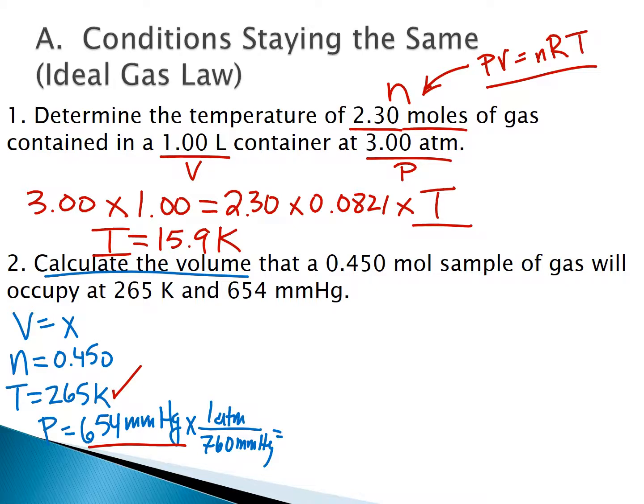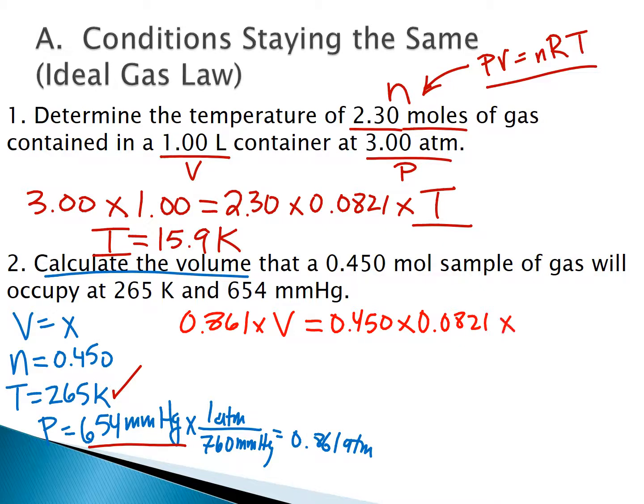And when I punch that into my calculator, I get 0.861 atmospheres. All right, now that we have all our variables, we're going to plug into our equation. P is 0.861 times V, which is our variable, equals N, which is 0.450, times R, which is 0.0821, times the temperature, which is 265.